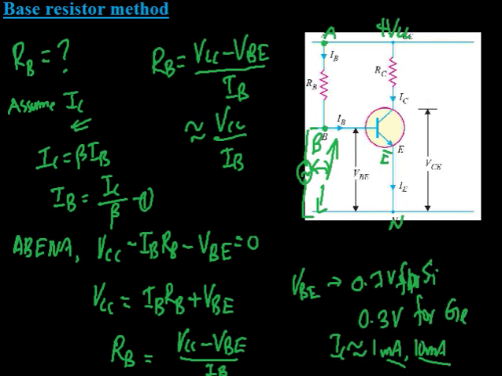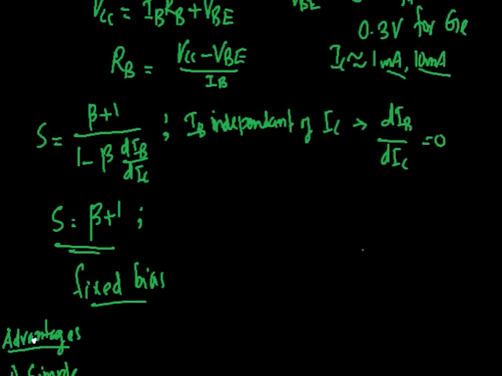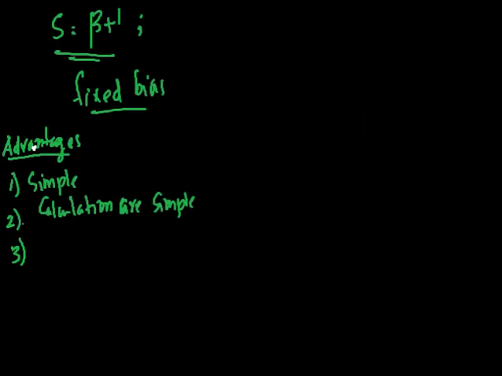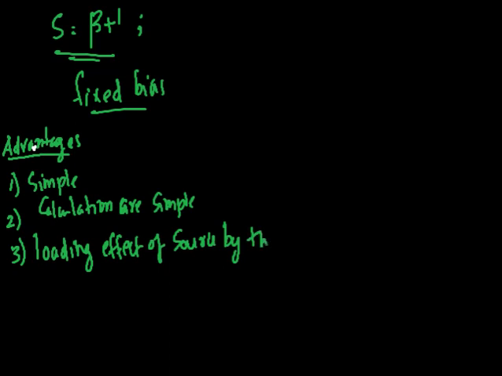Since there is no resistance connected across the base emitter junction, there is no loading effect of the source by the biasing circuit. These are some of the advantages.